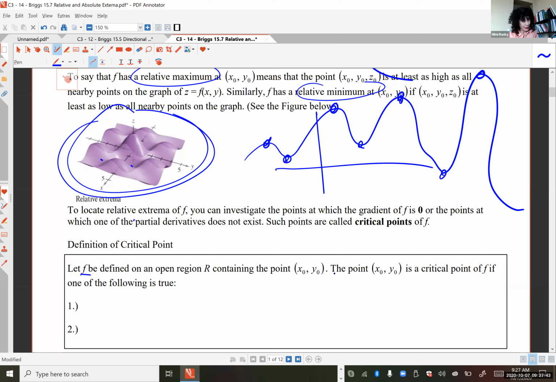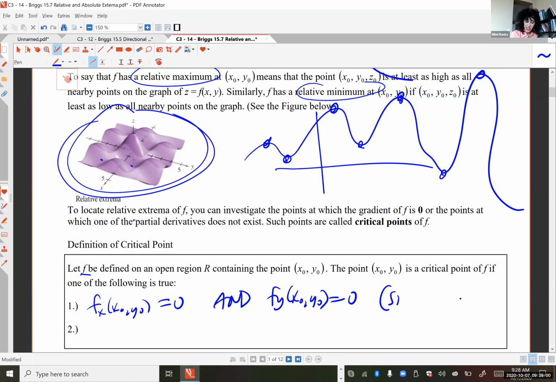Really? Well, what really makes it a critical point? Here's the definition. If when you substitute that point into both of your first partials, it makes both of those first partials go to 0 simultaneously. If one of them goes to 0 and the other one goes to some other number like 2, forget it. It ain't a critical point, okay?